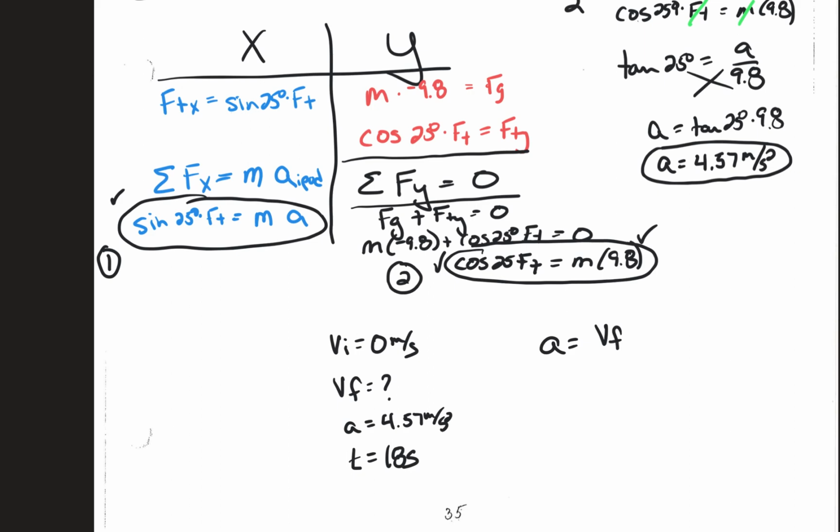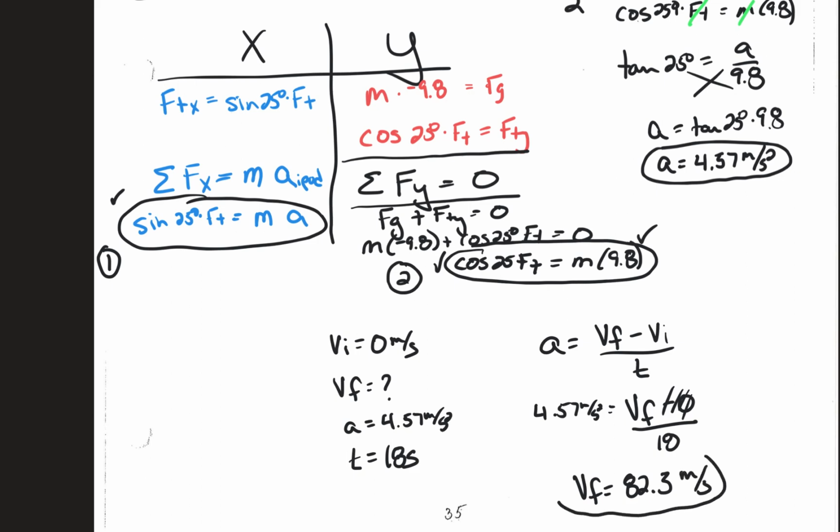A equals v final minus v initial over t, so positive 4.57 meters per second squared equals v final, I don't know, minus 0, all over 18 seconds. Subtracting 0 really just means it's v final over 18, and the v final is going to be the product of 4.57 times 18 seconds, or 82.3 meters per second.